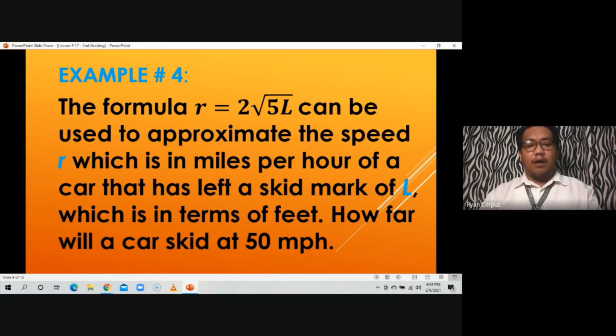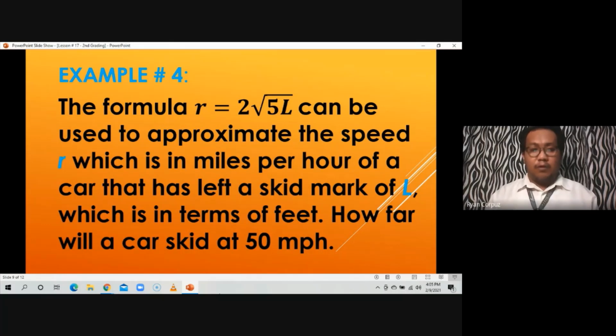How far will a car skid at 50 miles per hour? So yung problem natin, usually, pwedeng hindi natin gamitin yung steps natin eh. Kasi meron tayong given equation dyan.